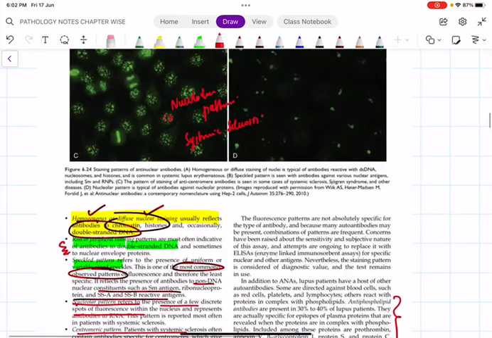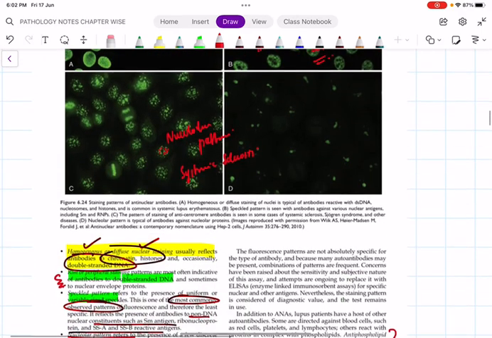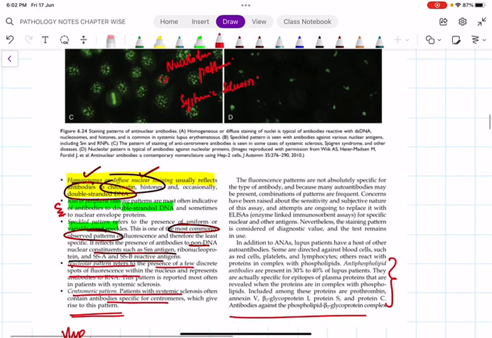I told you, the speckled pattern is the most common pattern observed in SLE. Most common pattern in systemic lupus erythematosus is the speckled pattern, which means Sm antigen. Nucleolar pattern means antibodies against nucleolar antigens, seen most in systemic sclerosis and other diseases.